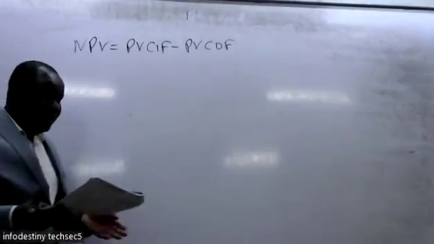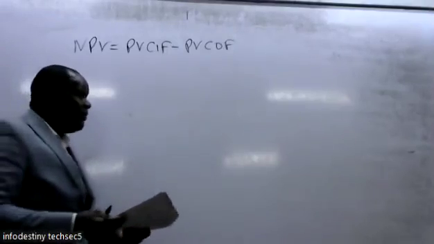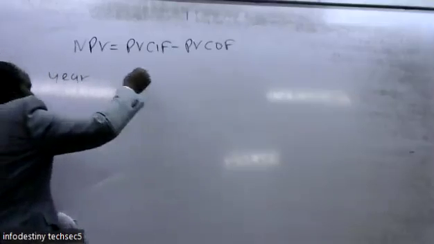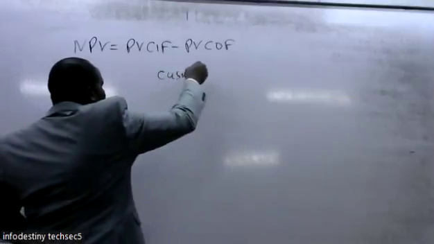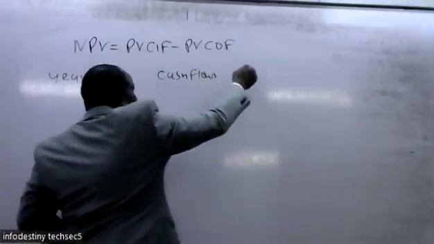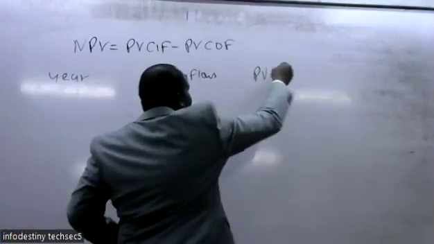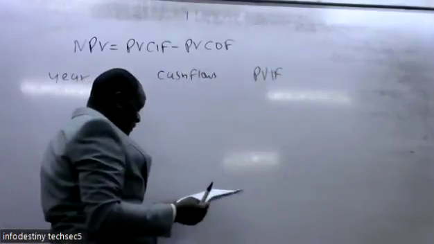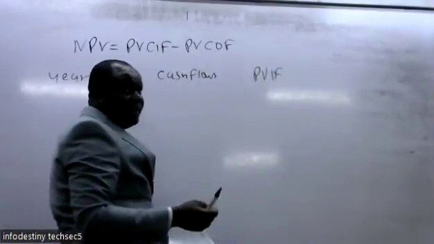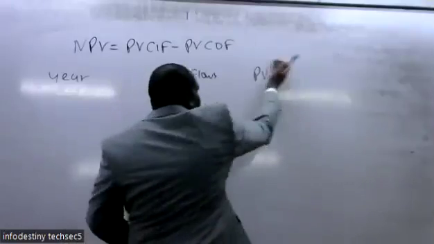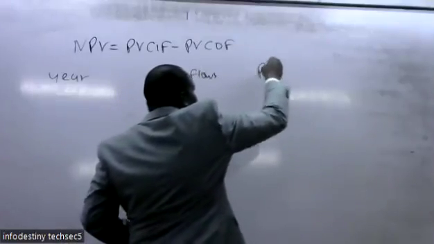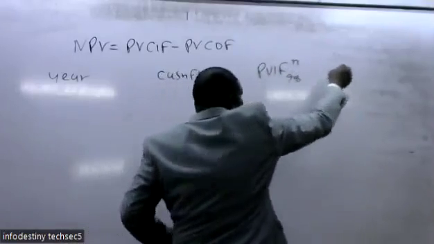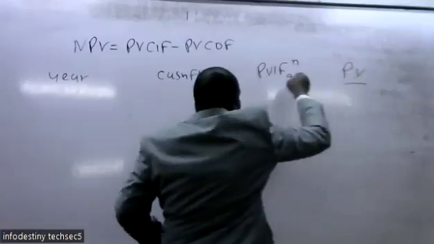Because those cash flows will not be the same, I will use the first table. So we shall have the year, then cash flows, then present value interest factor. Cost of capital is given as 9%, so we shall be using 9% for each year, so that we get the present value.